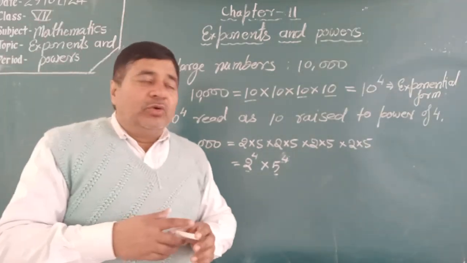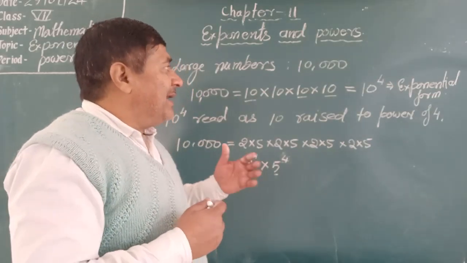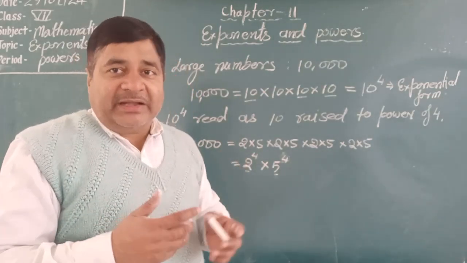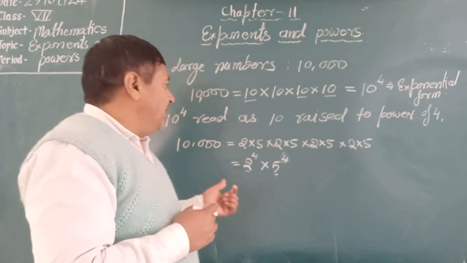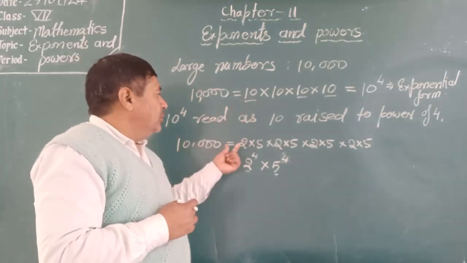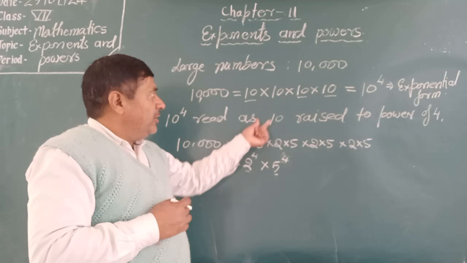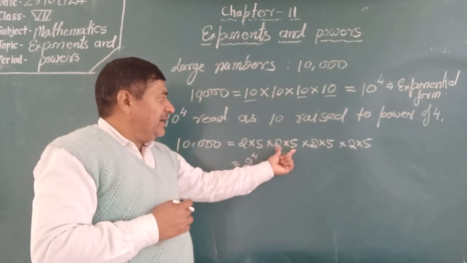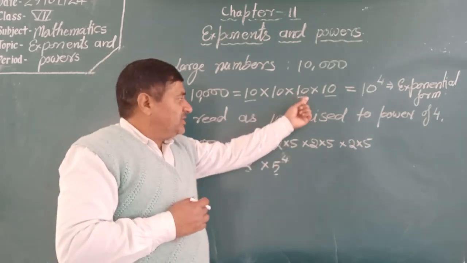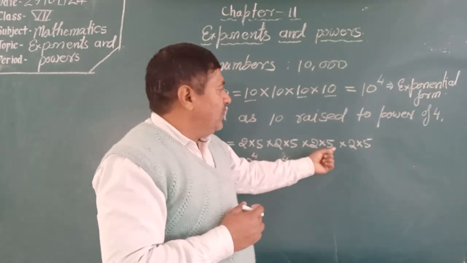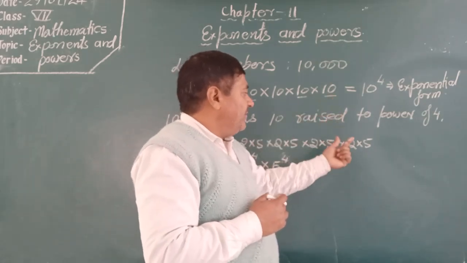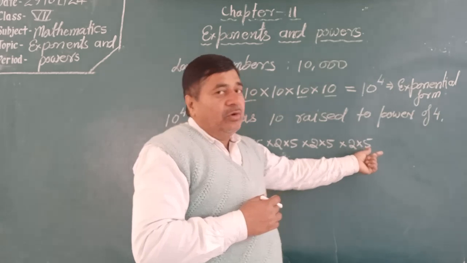And if you want to write it in prime factorization form, then 10 is 2 into 5. Now this 10 we can write as 2 into 5. This 10 also we can write as 2 into 5. This 10 also 2 into 5.